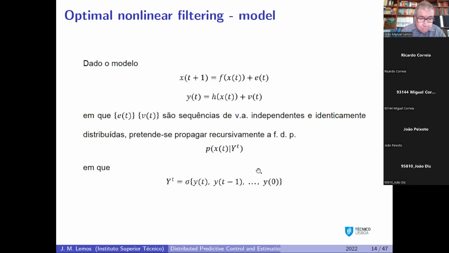So our problem is, suppose that you start with some probability of the state given the observations at time t. You receive an extra observation, and you want to compute the next probability density function of the state given the new set of observations that has an extra observation.